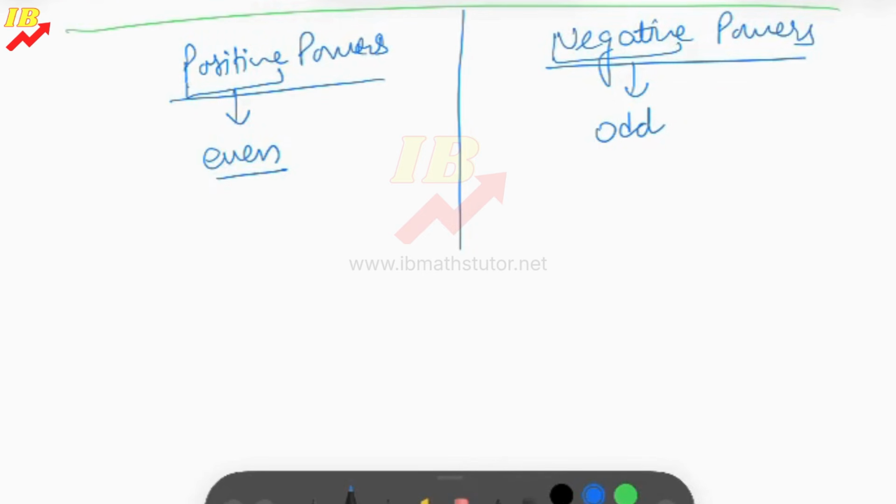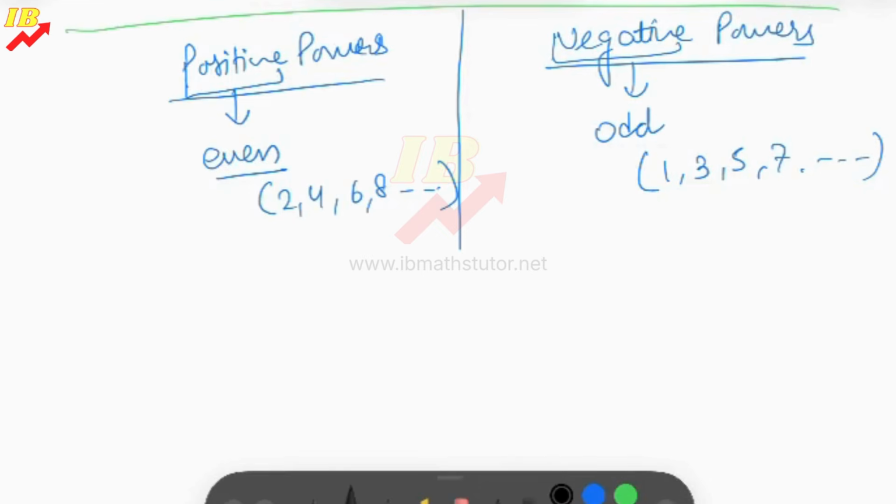Odd numbers are basically 1, 3, 5, 7, and so on. Even numbers are 2, 4, 6, 8, and so on. Let me take an example to make you understand it a little more. The above two examples I gave you are also positive power examples.